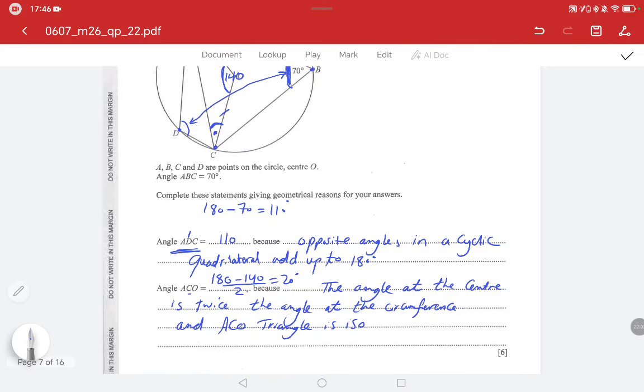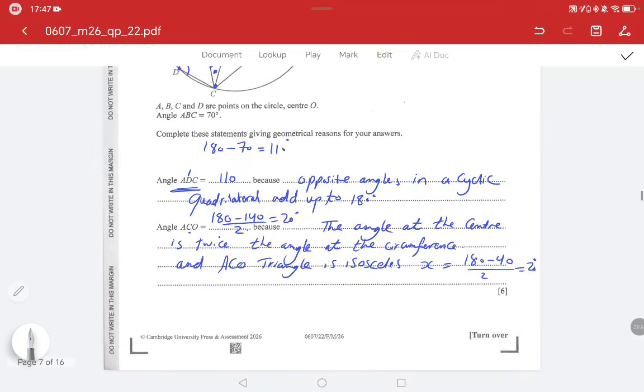Since it's isosceles, the angle that we need to find, let's call it x. So x equals 180 minus the 40, divided by 2, which is 20 degrees.